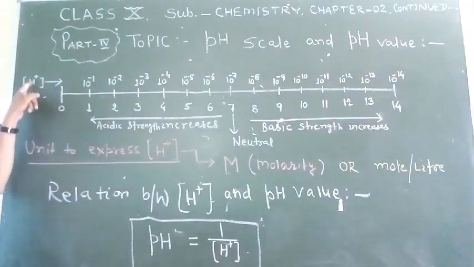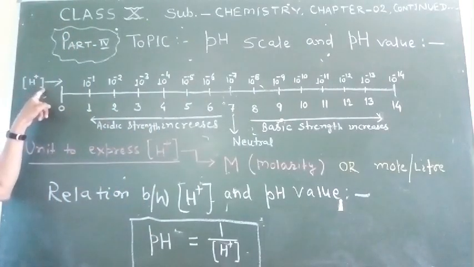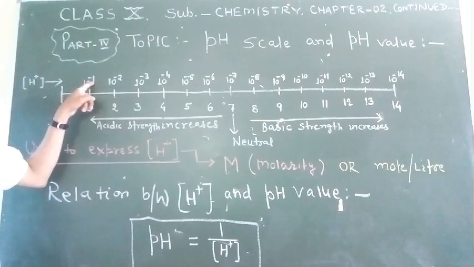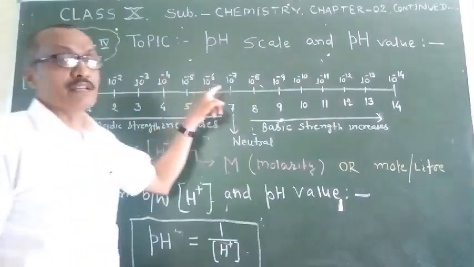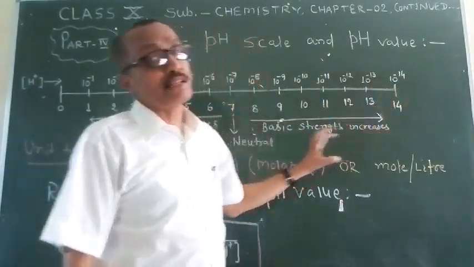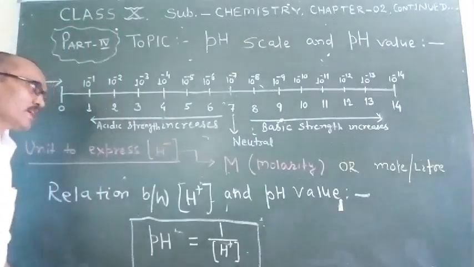So this is hydrogen ion concentration. So students, hydrogen ion concentration 10 to the power minus 1, minus 2, minus 3 up to minus 14 is on this scale. Okay?